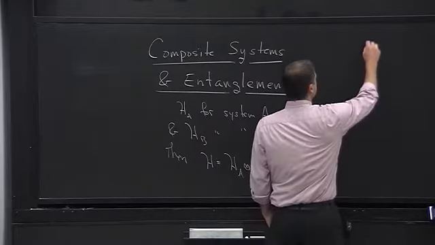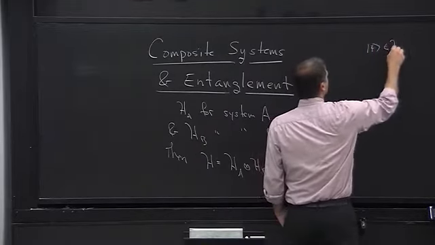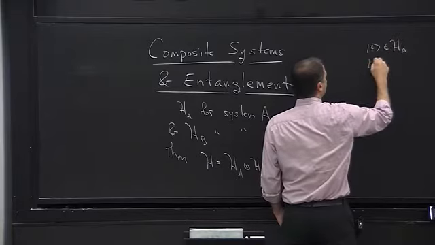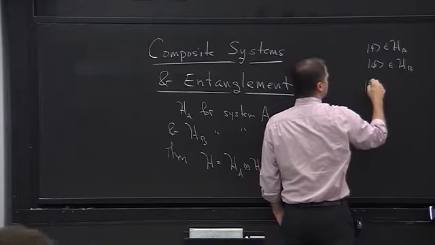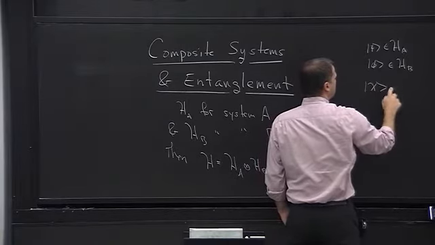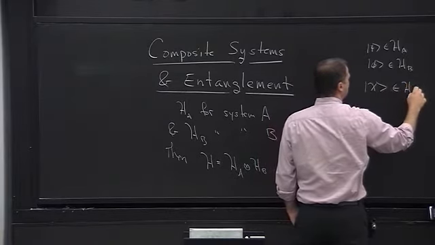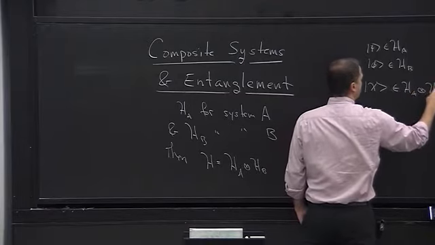And so if I have some state psi in H_A, some state phi in H_B, then the joint state, we'll call it chi, is an element of H_A cross H_B.